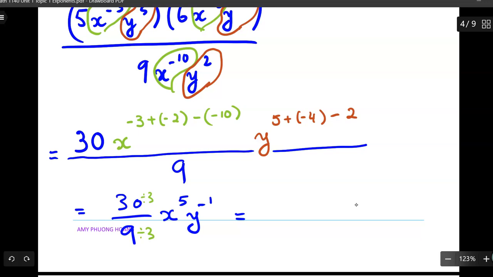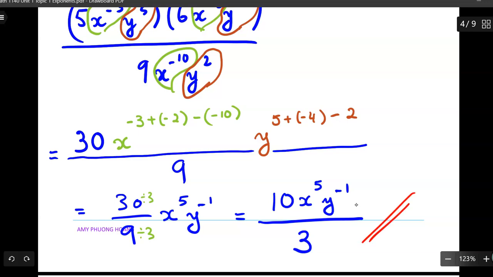So your final result should be 10 x to the 5, y to the negative 1, the whole thing divided by 3 as the final answer. Okay, I just want to correct here for a second. Just make sure that the division is there, and then y raised to that exponent.